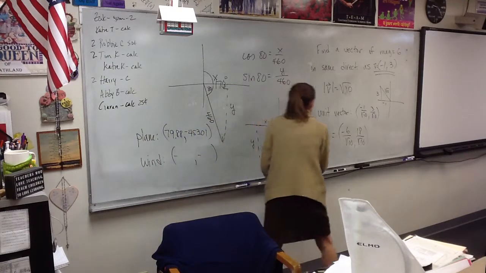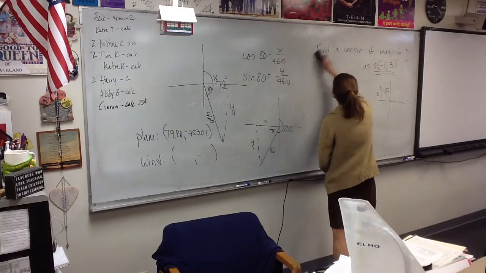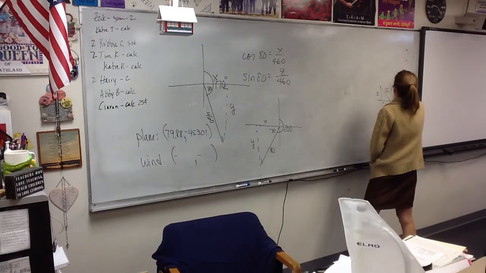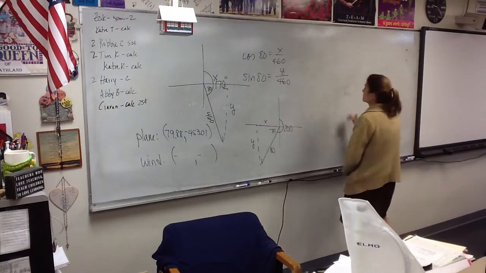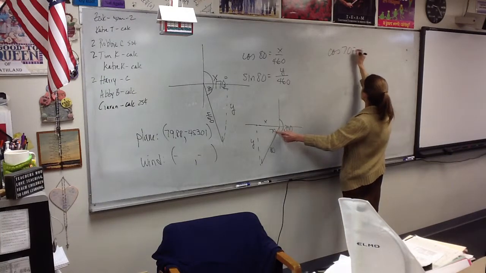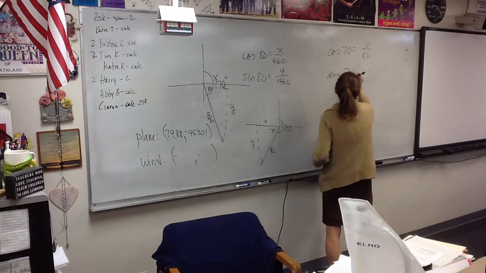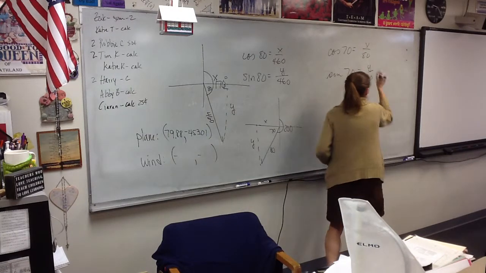So what will my equation be for x and y? Two equations, one for x, one for y. Cosine 70 equals x over 80, and sine 70 equals y over 80.